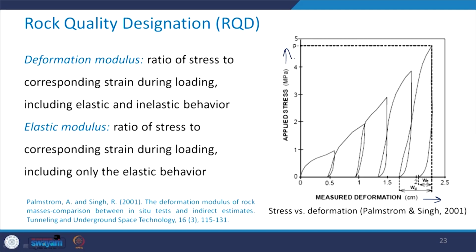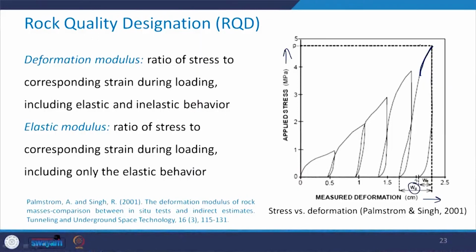That means whatever is the slope of the elastic part of the stress strain curve, we find the elastic modulus from that. But here you see that the elastic as well as the inelastic portion is there. So, we consider the whole thing, that is, the total deformation WD. When we take the applied stress and the corresponding deformation, from here you will find the deformation modulus.